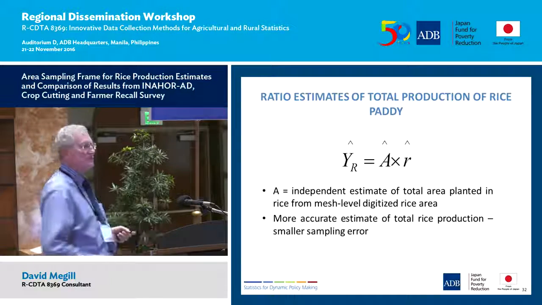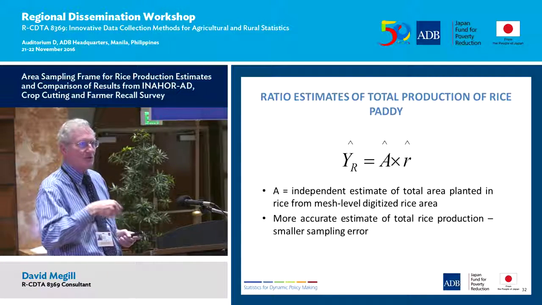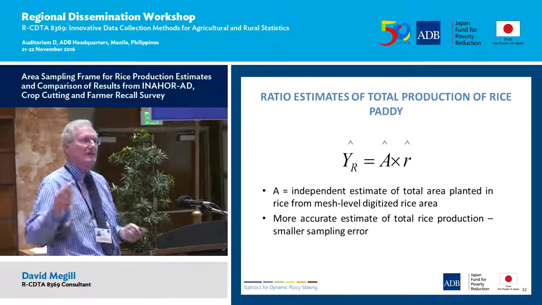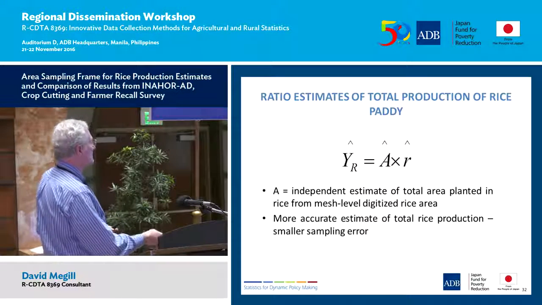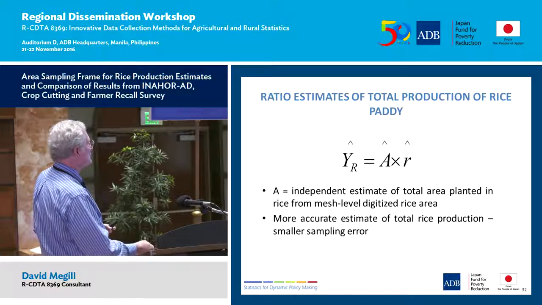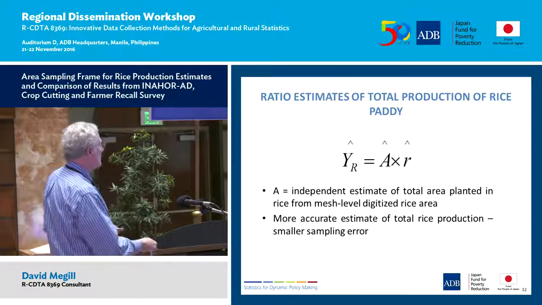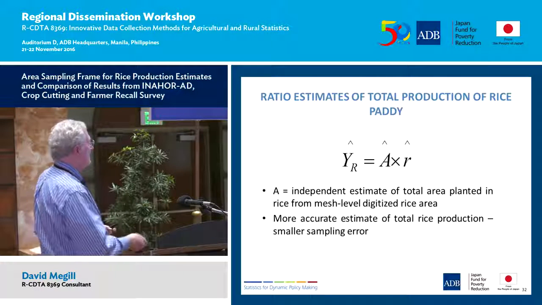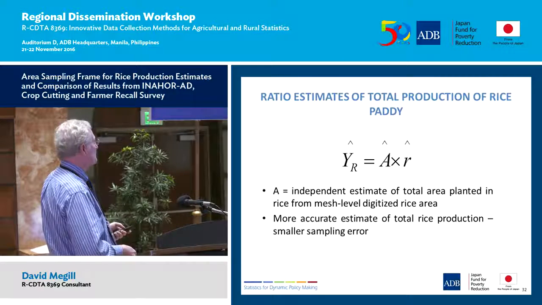This ratio estimation is used sometimes when you have administrative information, for example, on total area planted in rice. You could use the yield with any independent accurate estimate of total area in rice. Our most accurate estimate of total area in rice was based on the mesh level digitized rice area. So as we'll see, this gives us a smaller sampling error and also a more accurate estimate of the total rice production.